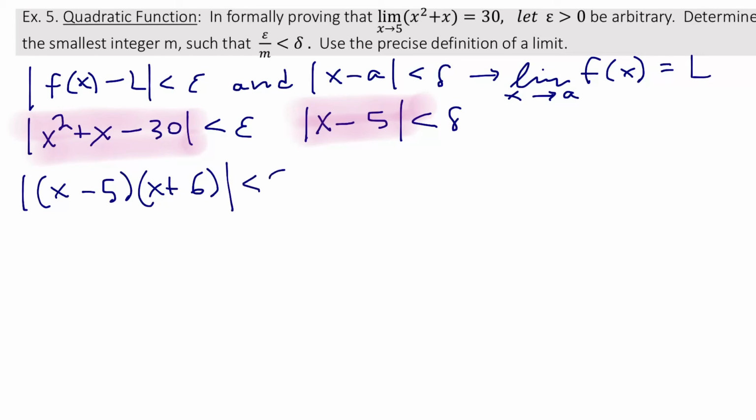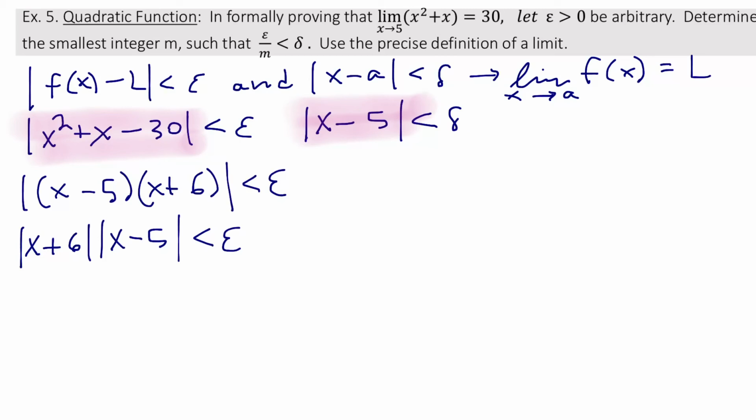So you can see this x minus 5 is going to match this, but we don't want this x plus 6 in there, so we're going to take that part outside here and put the absolute value bars on it to ensure that it's positive. Everything's going to be positive.